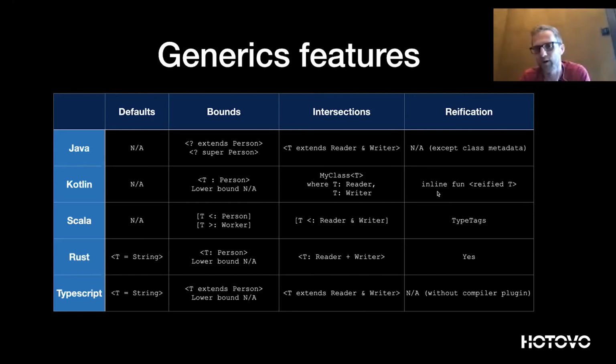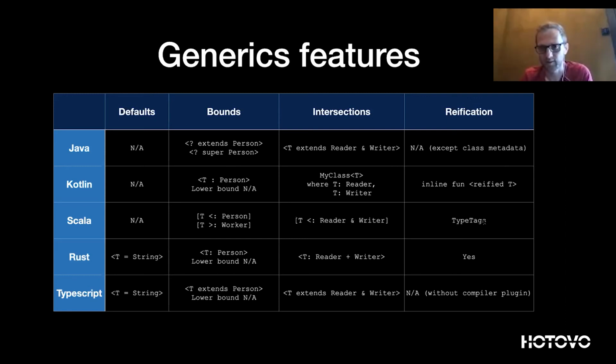And if we have an inline function, then we may tell the compiler to reify the T. This means that at runtime, I can get the class of T, which I can't in Java, because it's all objects at runtime. But here, Kotlin supports it, and I can get the class of T and, for example, create new instances of T, which isn't possible with Java.